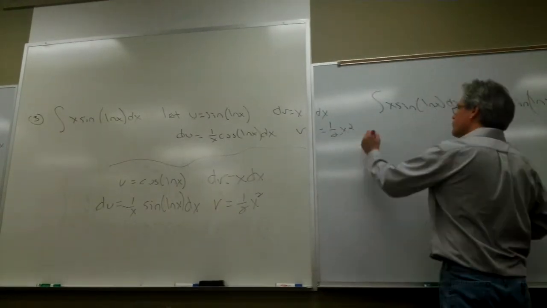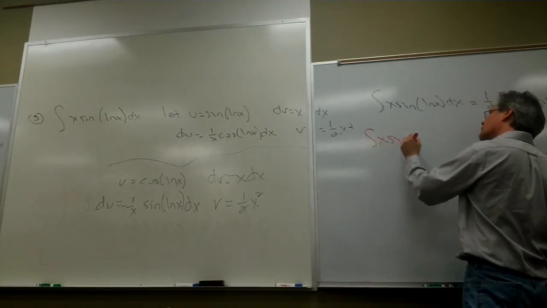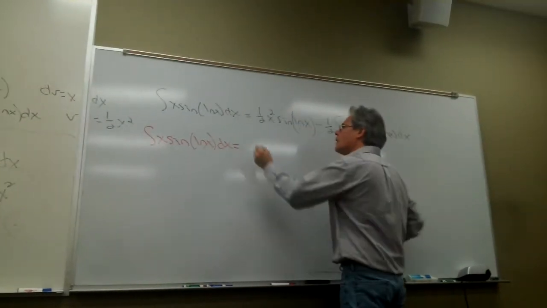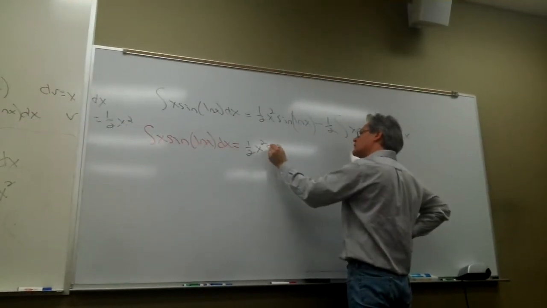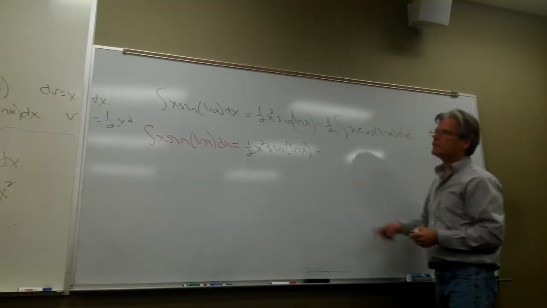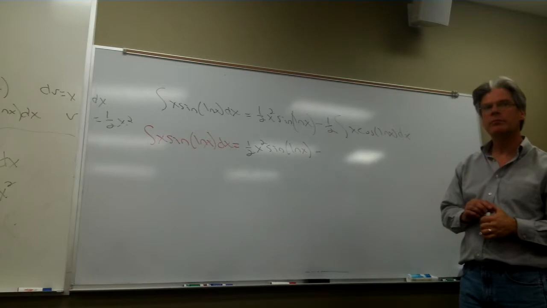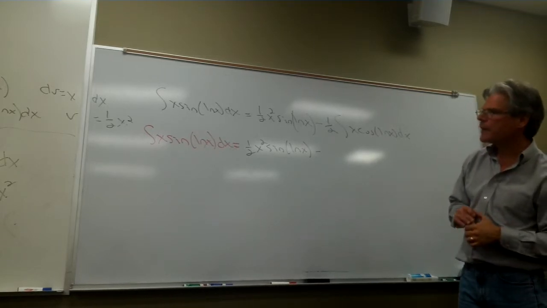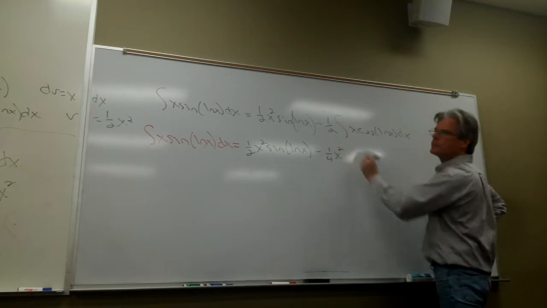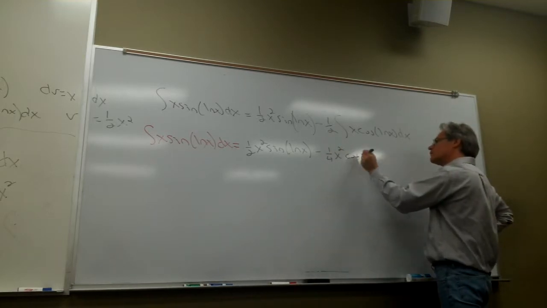That means my original integral can be expressed as my 1/2 x squared sine natural log of x minus 1/2 times my uv. Wouldn't that give me a minus 1/2 times 1/2 x squared cosine natural log of x?